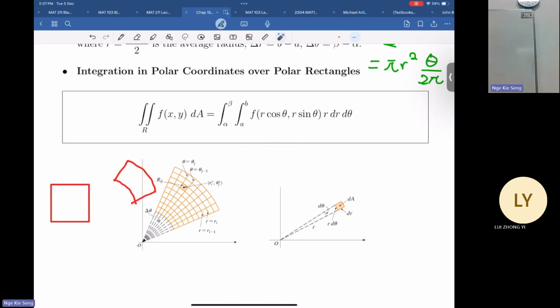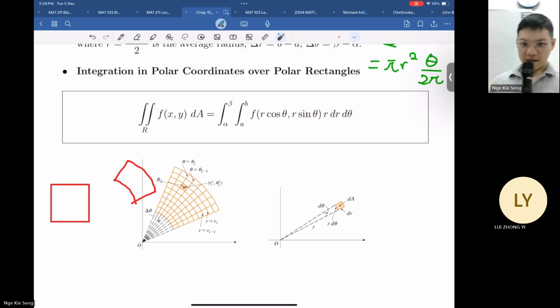You can imagine that you have a rectangle that gets stretched into a polar rectangle. You can see that the two sides here are no longer straight. It's like part of the circle. The straight side here gets elongated, and this side is also elongated. So the rectangle has a factor of R.